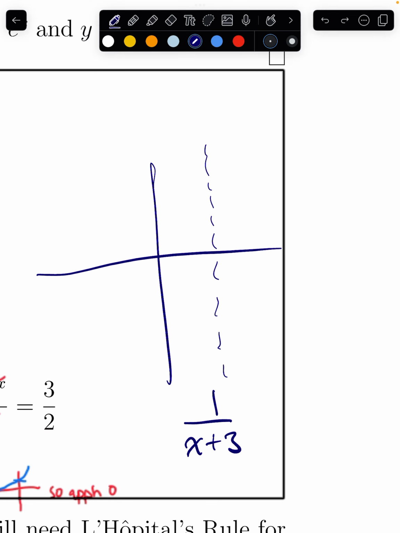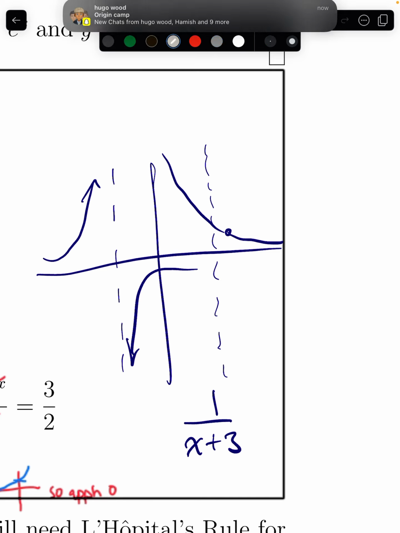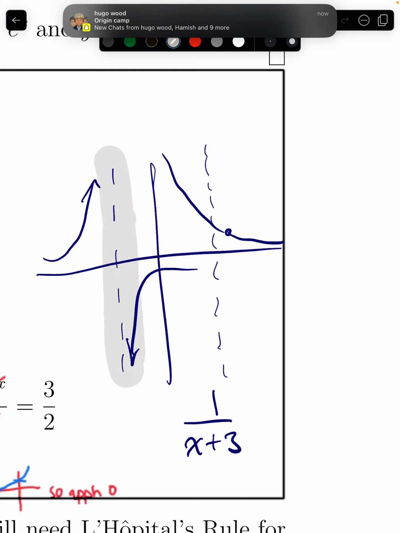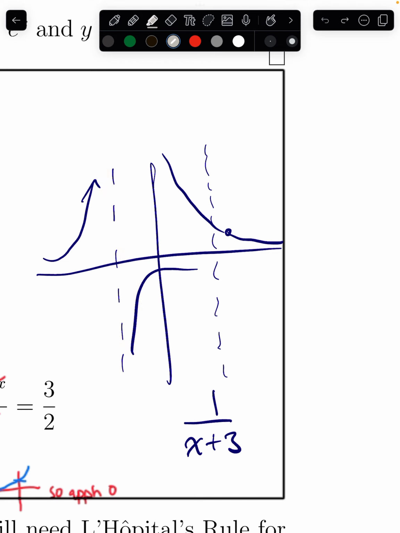Because you'll have it look like this, and then one hole there, or with the asymptote, you'll have it approach from opposite sides. It's because it can't take this one specific x value. The difference is with a horizontal asymptote, it's a y value that the function can't take.